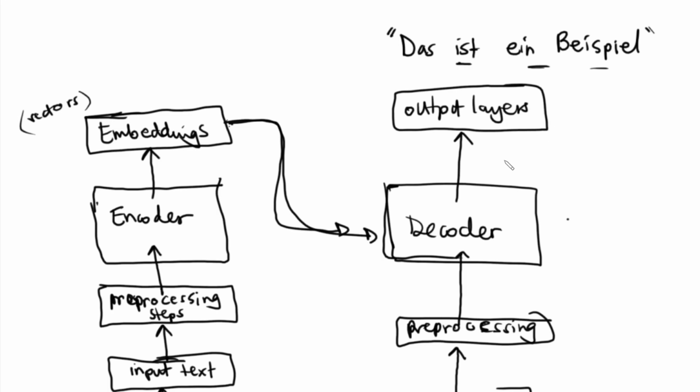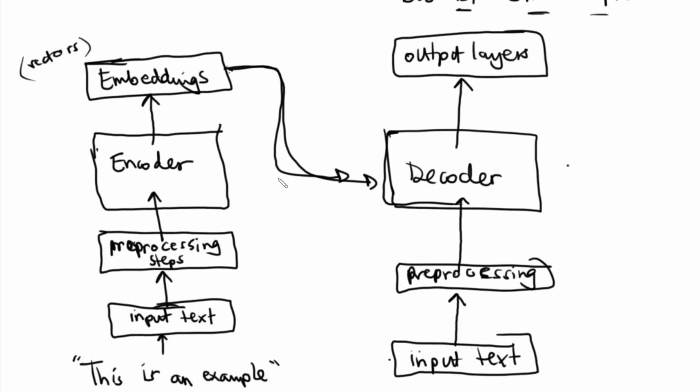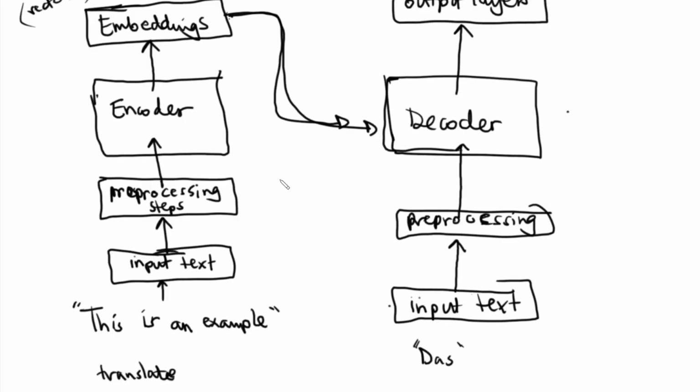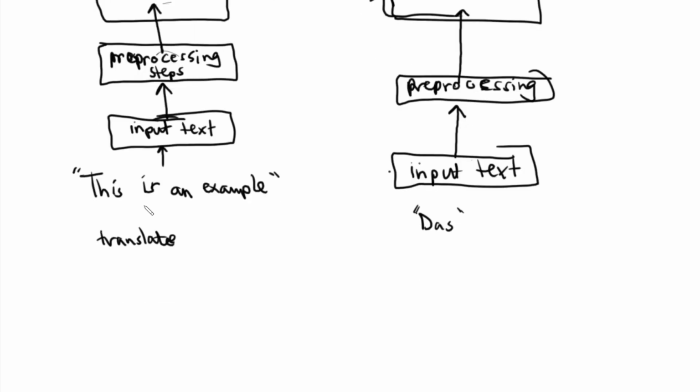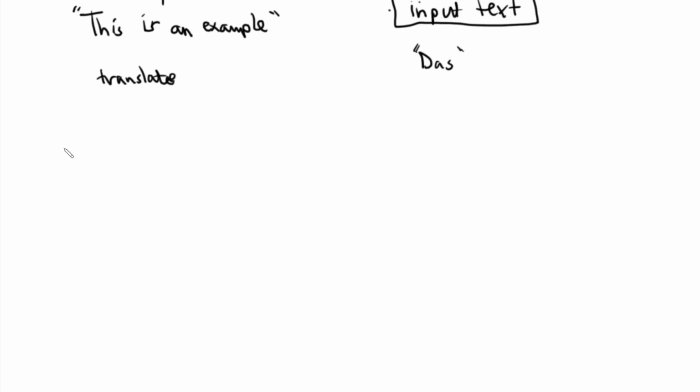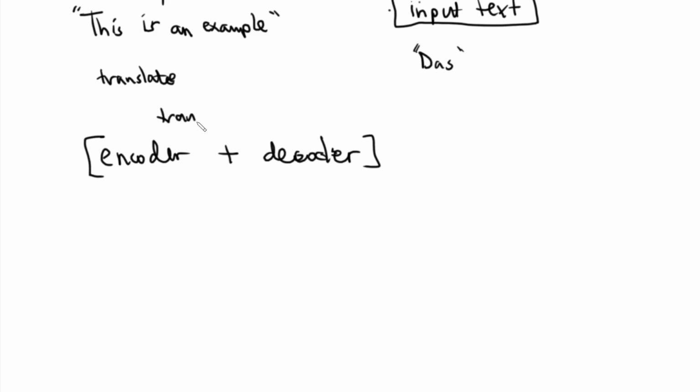But I just wanted to emphasize that this is the simplified version of what a transformer model is. Input text comes in, it's processed, and the encoder creates embeddings that are then passed on to the decoder. So the transformer architecture that was proposed by Google has an encoder plus a decoder.